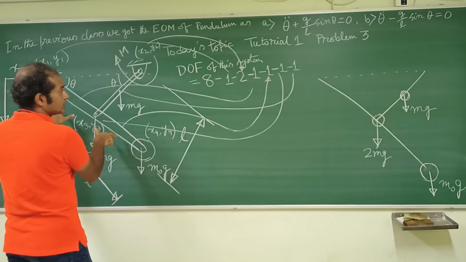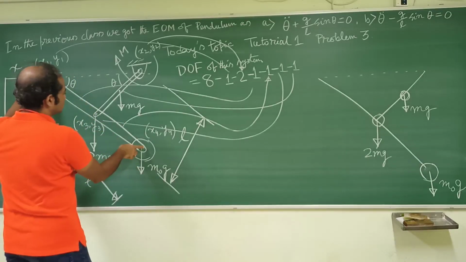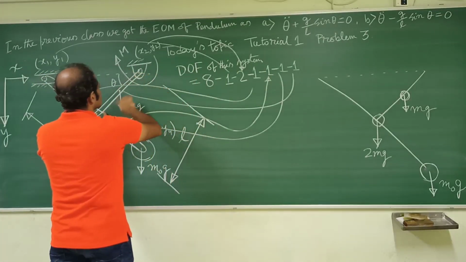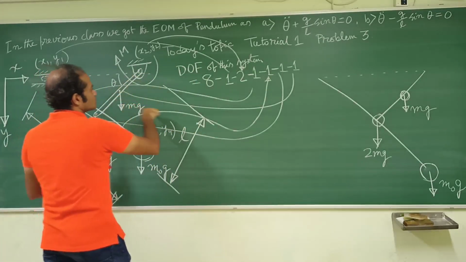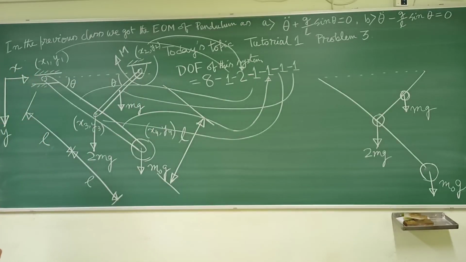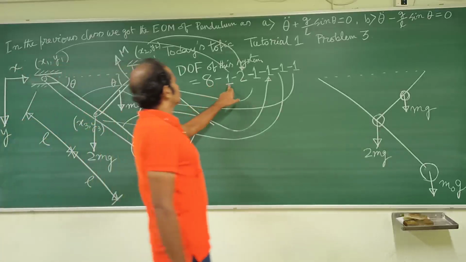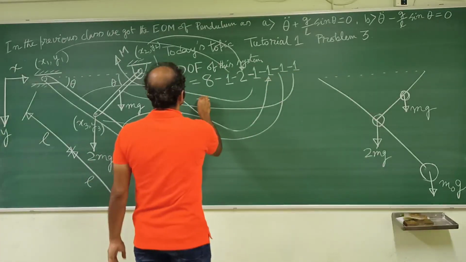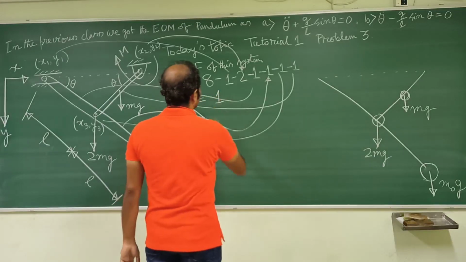Next is 1 for this length, another one for this length. Now they can change their relative orientation, so we have to make the total length as fixed. So I have made this, but I have not looked into this length which is fixed. So over here is 1. So it turns out to be what? It is going to be 3, 4, 5, 6, 7 constraints.